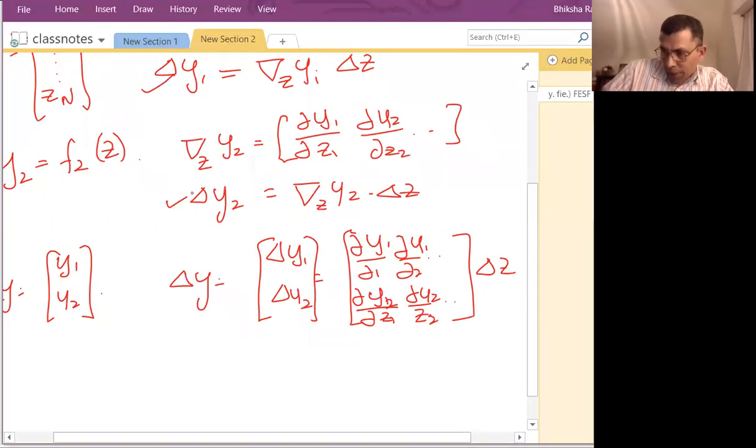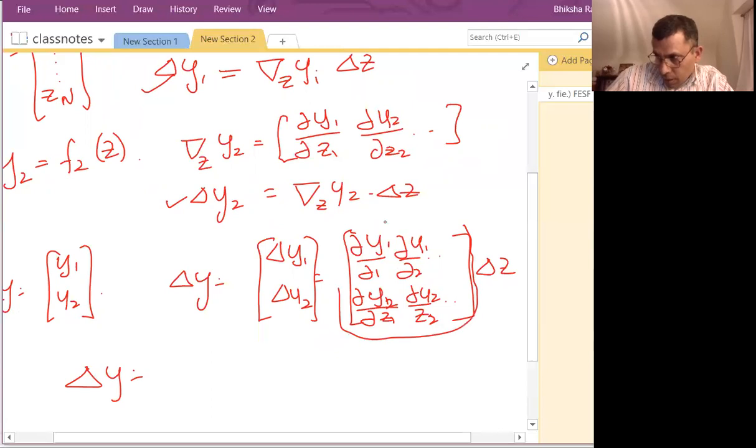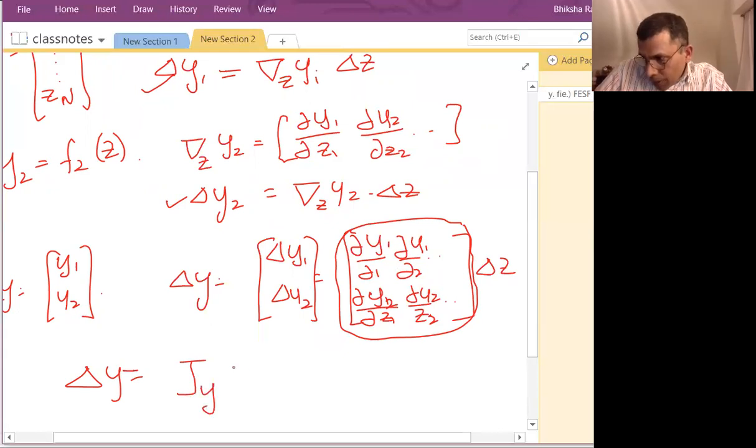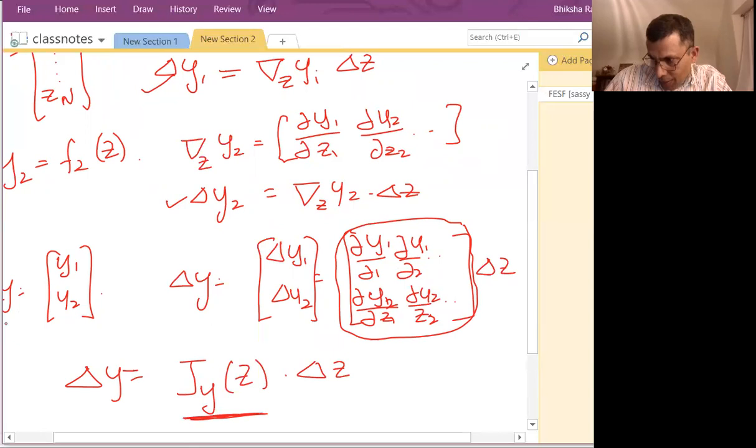So in other words, delta y equals this matrix, which I will call the Jacobian of y with respect to z, times delta z. And so this Jacobian, in fact, is the derivative of this vector y with respect to my variable z.